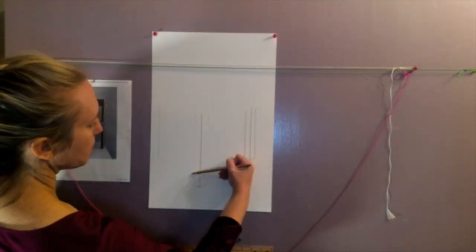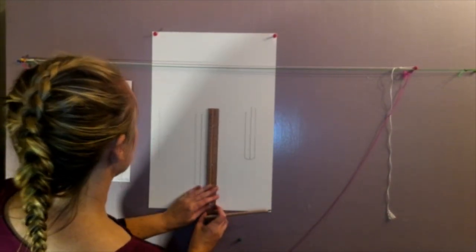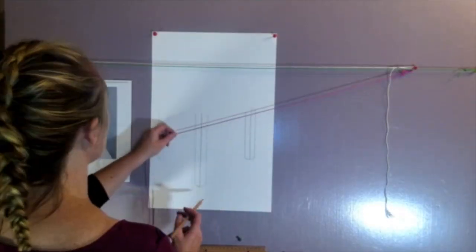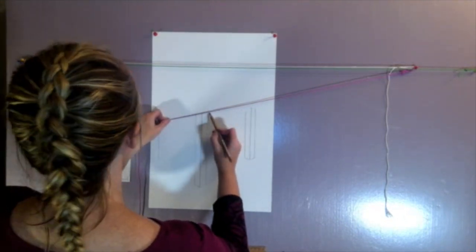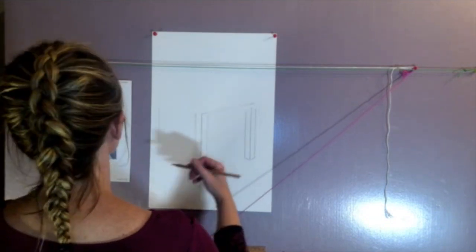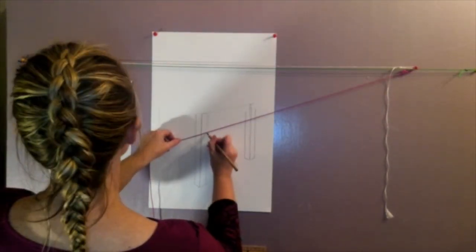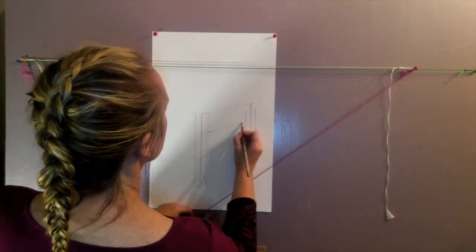I like to sketch it in lightly first and just make sure that that's where I want it before I come in and make a darker line. And there's my cat and the strings.